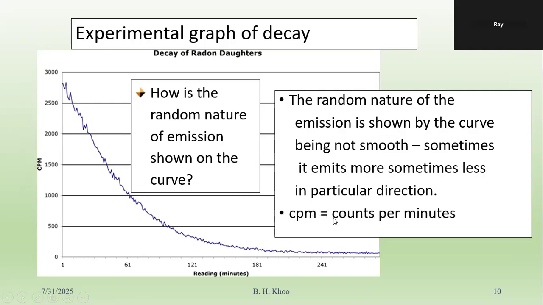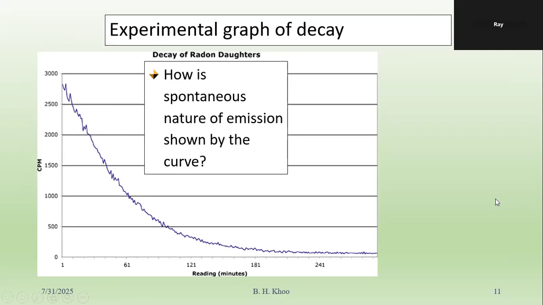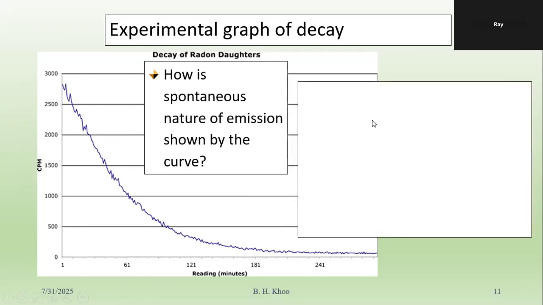CPM is counts per minute. How is the spontaneous nature of emission shown by the curve? You can start at any counts per minute.